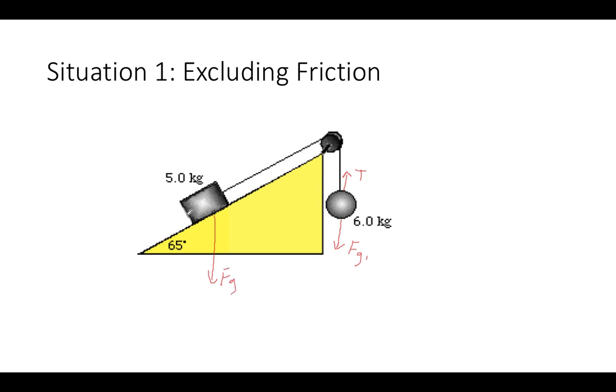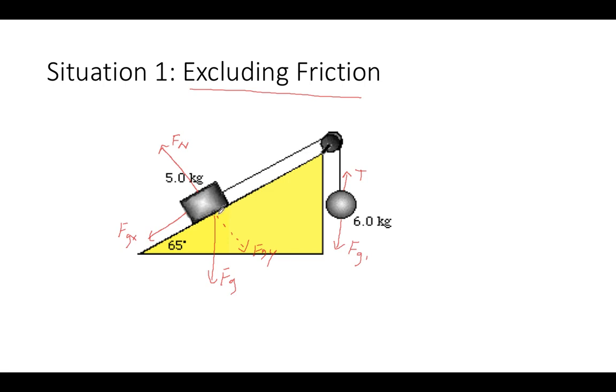That force of gravity is broken down into an x component, which we'll call Fgx, and a y component, perpendicular to the inclined plane, which we'll call Fgy. And there is a normal force acting on the block, Fn. Note that this is excluding friction, so there is no frictional force acting on the 5 kilogram block.